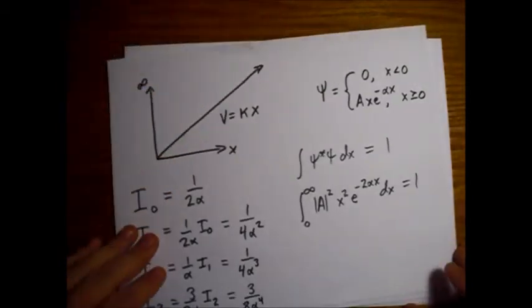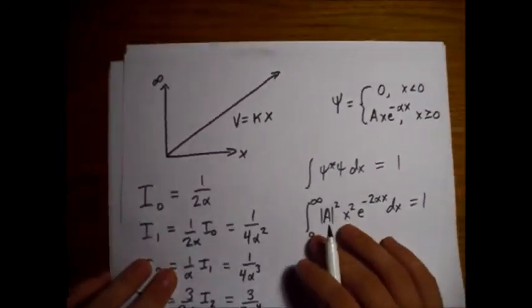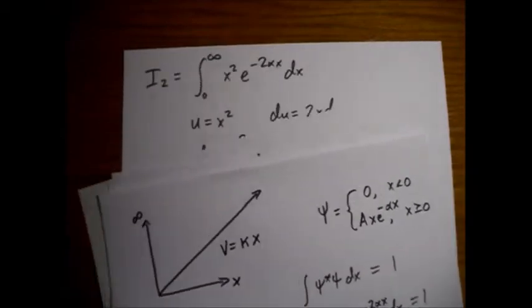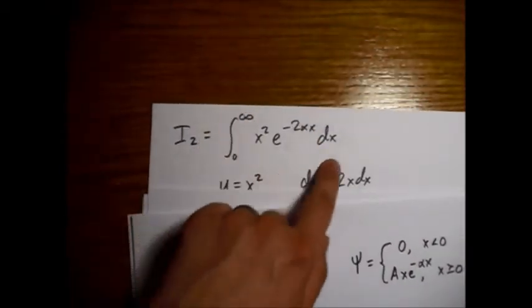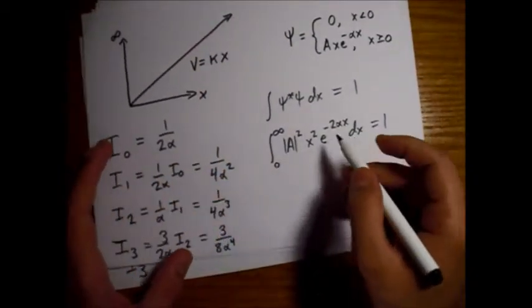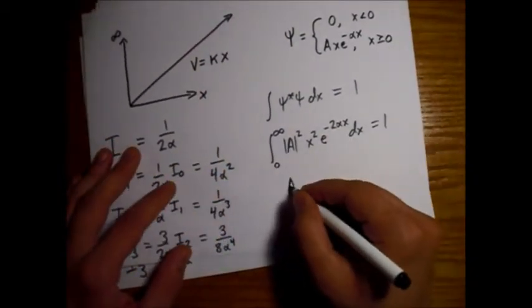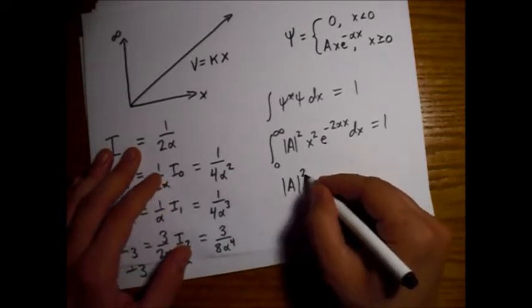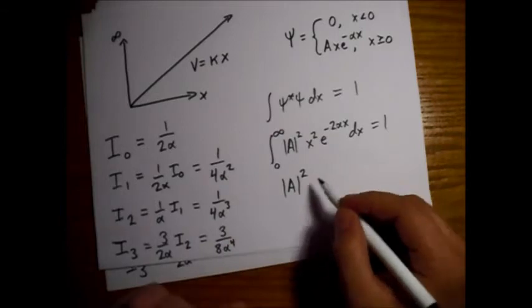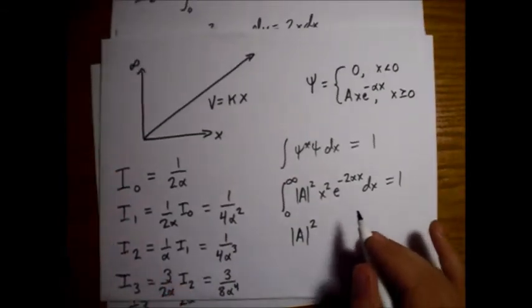Now if we did our integrations right, this should be equal to I2, with this constant A out front. So this is the absolute value of A squared, and then I2.